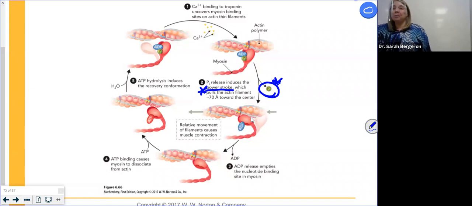Now, if calcium's still present, what happens? It's going to reach for a new binding site, ratchet again, and keep going and keep going. What's going to stop that cycle from happening? When all the calcium's gone, but where's the calcium going to go?